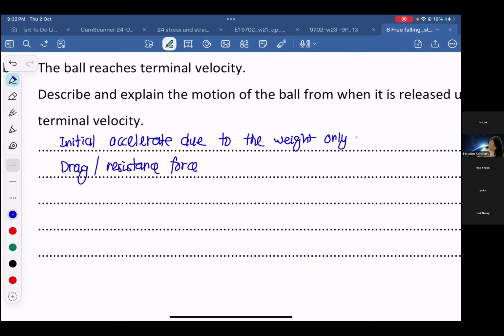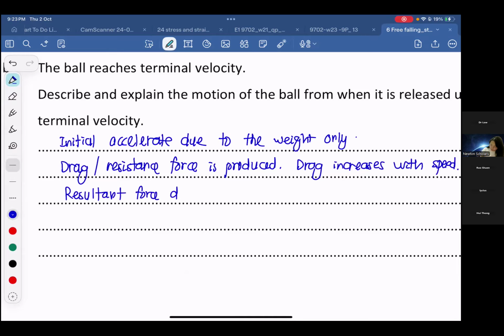Don't say air resistance, it is produced. The drag force increases with speed. Speed increases, it will increase also. So your resultant force decreases, your acceleration also decreases.